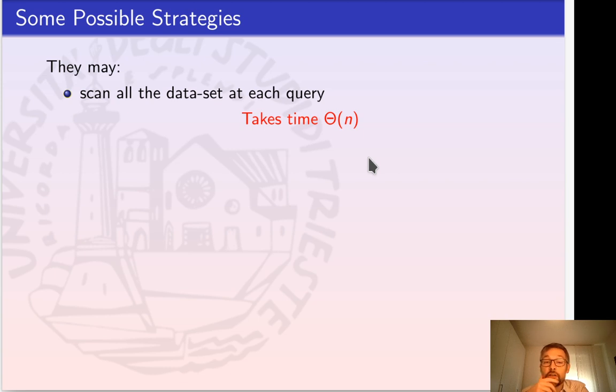Okay, so scanning all the data set to search for all the persons whose birthday is a given day takes a time which is theta of n, because we do not know that we have collected all the persons born on a given day. Once we have discovered the first one, we are not sure that this is the only one, so we need to keep on, and that's why this is theta of n.